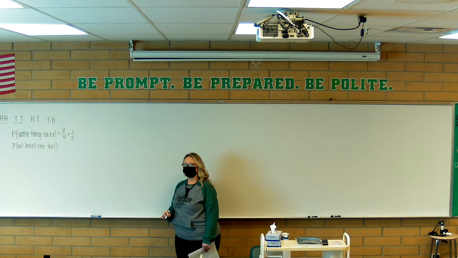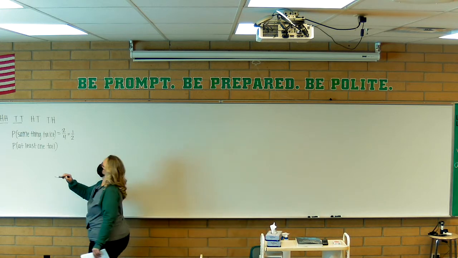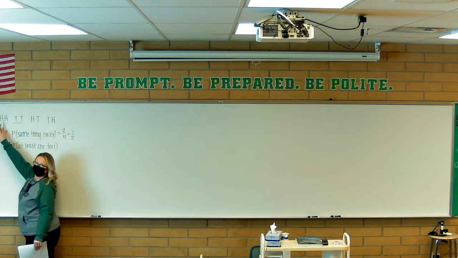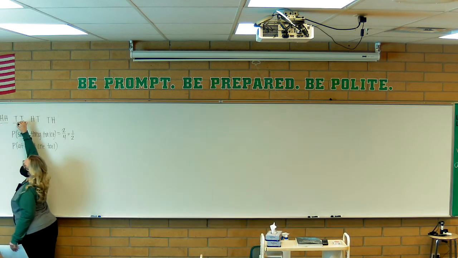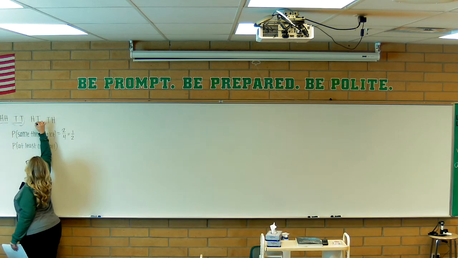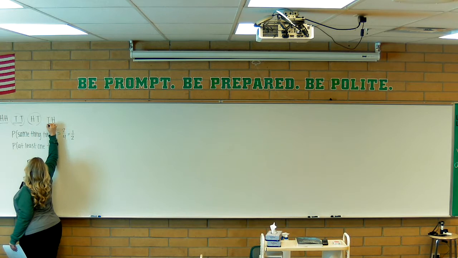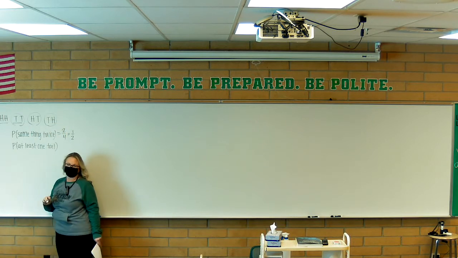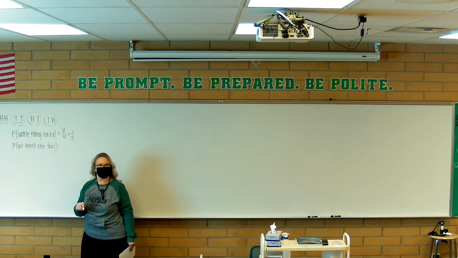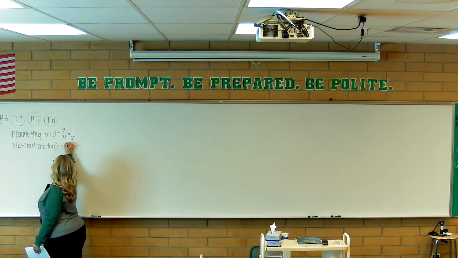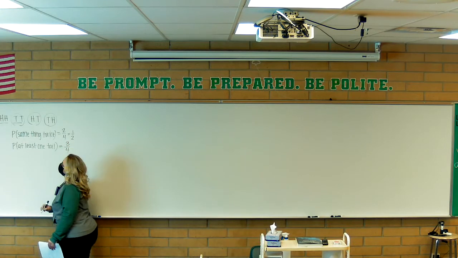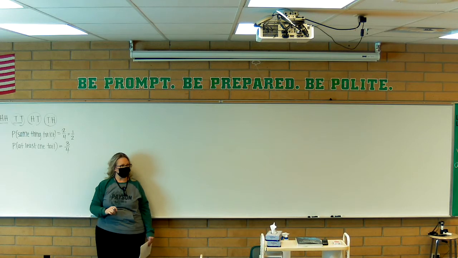How many of those have at least one tail in them? Does this one? No. Does this one? Does this one? And does this one? So probability of at least one tail is 3 out of 4. Good.